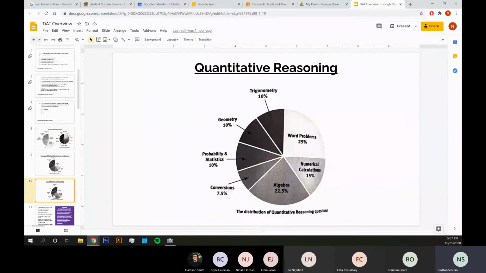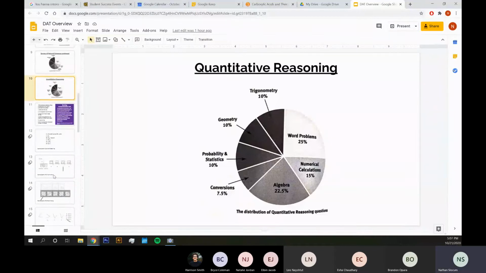So quantitative reasoning is just basic math and problem solving. The best way to train for this is DAT boot camp, going through the programs that they have for it. It's not super intense, but there's little tricky things that you've got to keep up with.